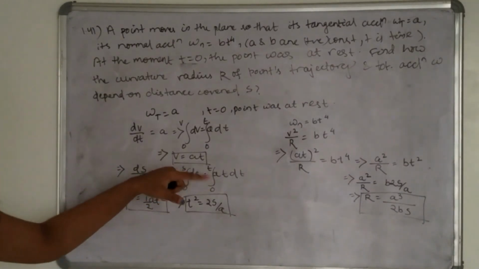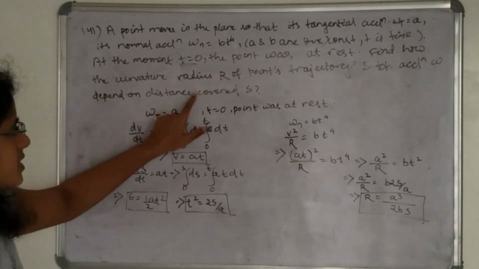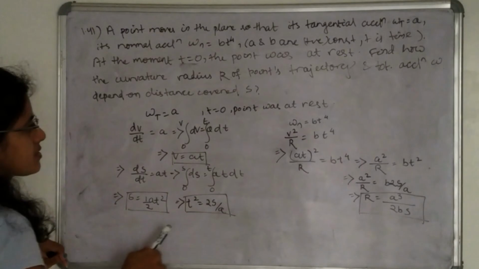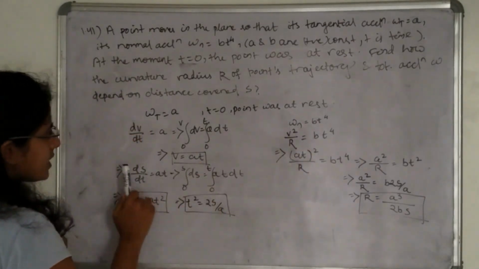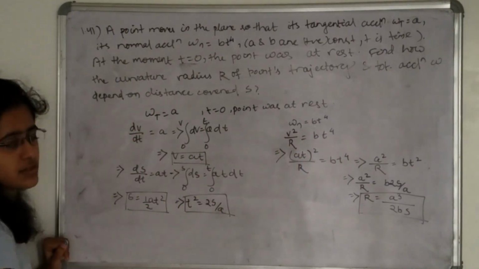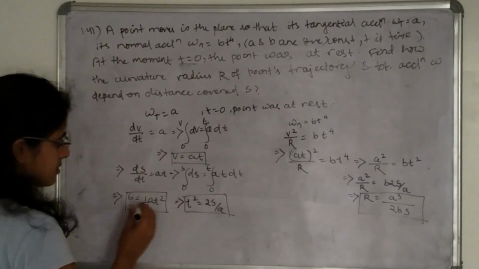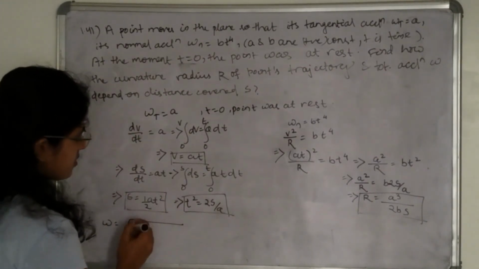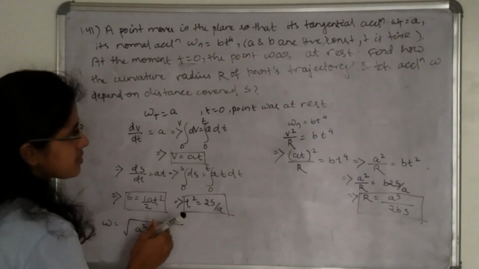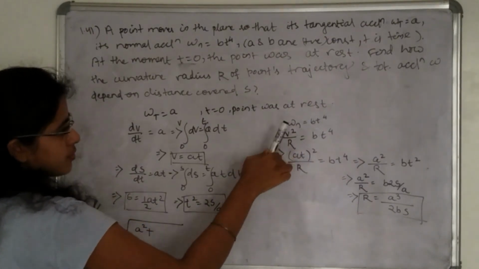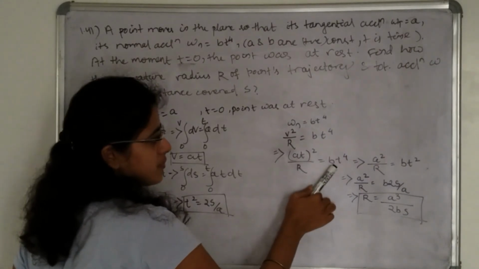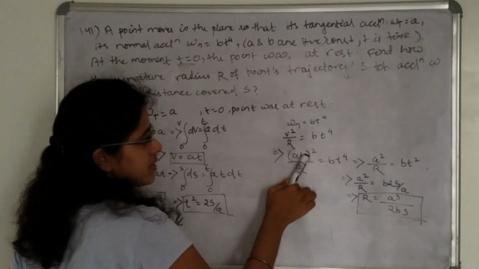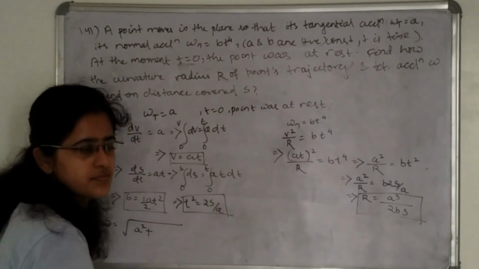Next we have to find the total acceleration depending on distance covered s. So this is the normal acceleration and this is the tangential acceleration. How to find the total acceleration? So this will be the square root of a square plus (b t to the power 4) whole square. So b t to the power 4 is equal to how much? A square t square divided by r.